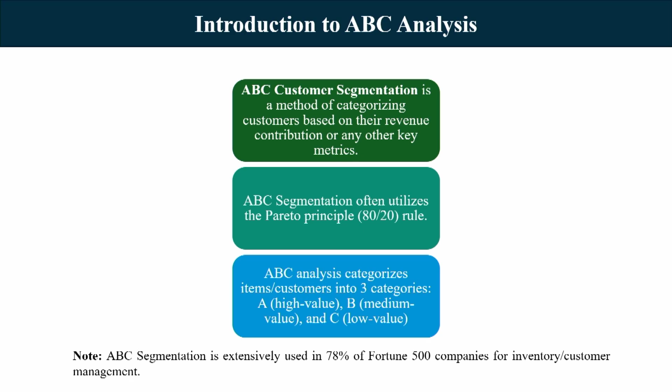Rather than treating all customers equally, we will treat with more importance those customers who create more value for our organization, and we will treat with less effort those customers who bring lesser value. A customers may be my top spenders who deserve personalized attention, while the C customers could be handled through some automated emails. We will not invest much in C customers because they bring less value for my organization.